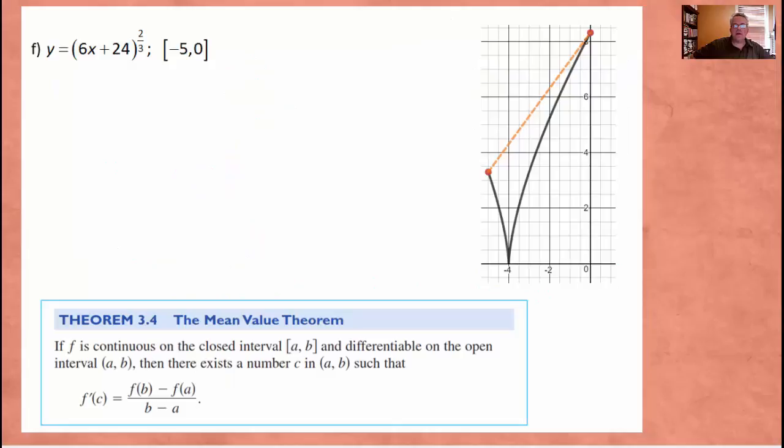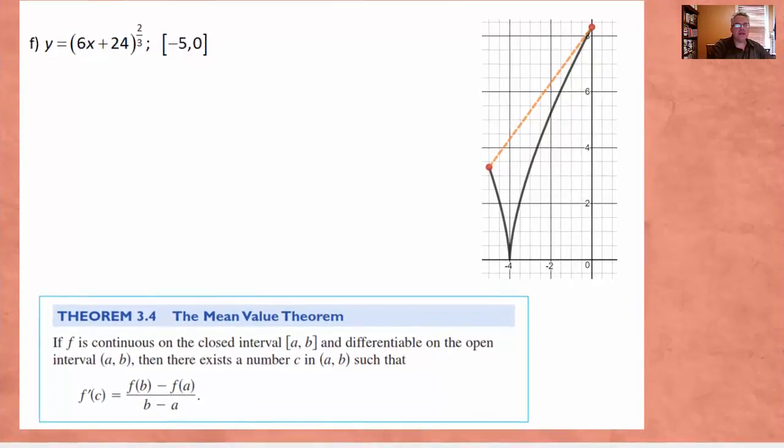This brings us to the last example. You're going to like this one because the mean value theorem doesn't apply. It turns out that this function is continuous on the interval -5 to 0. We see its graph here, but its derivative doesn't exist here at -4. So f prime of -4, which is inside the interval, does not exist.